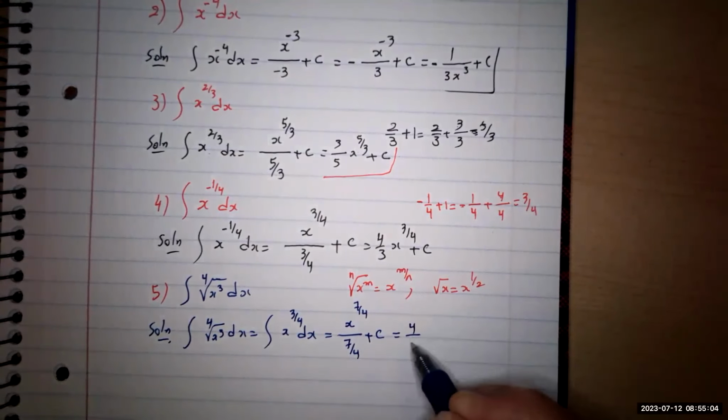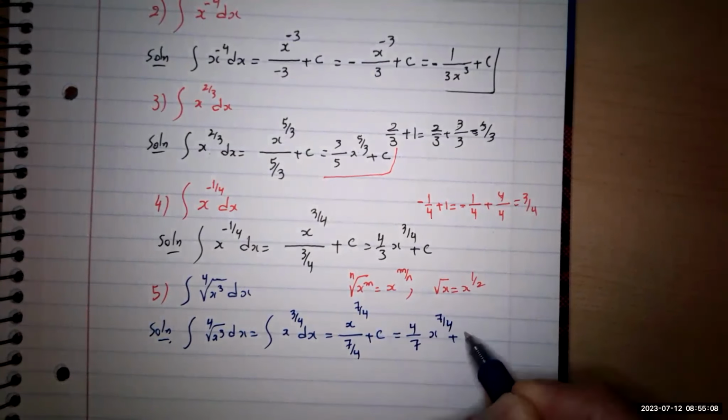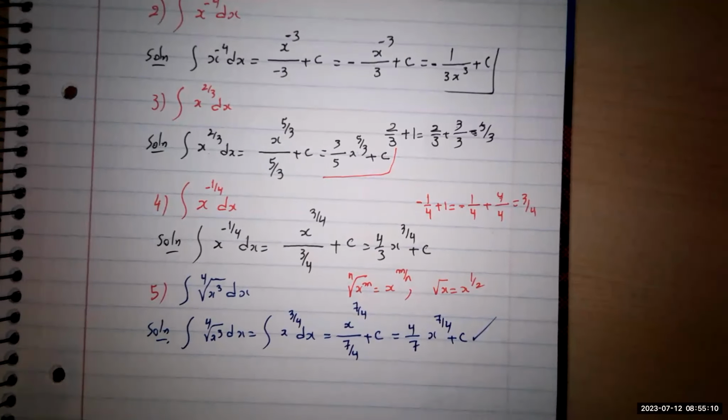So that gives you 4/7 x to the 7/4 plus C. Done. You don't have to write it down in radical form. Some people do, but we don't accept any negative power. The rational powers are fine and nice. Okay, so this is the way we are going to handle the radicals.